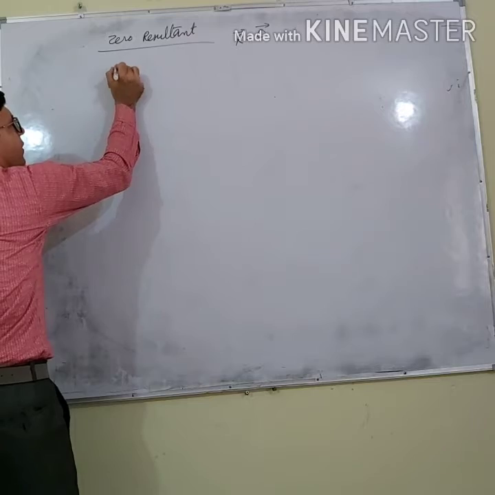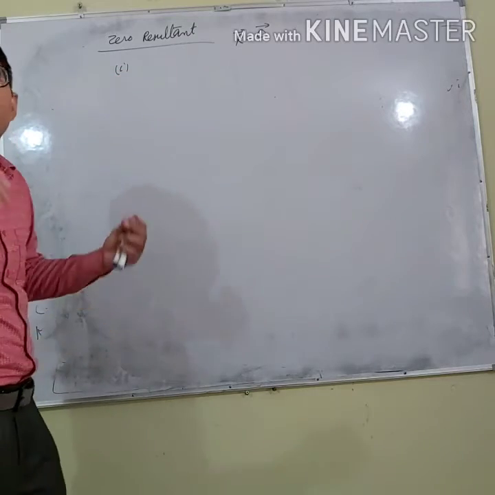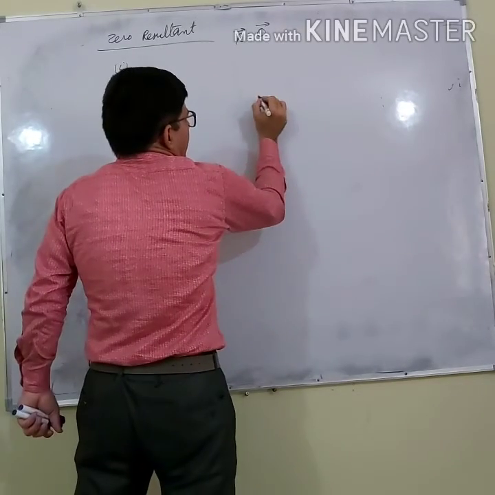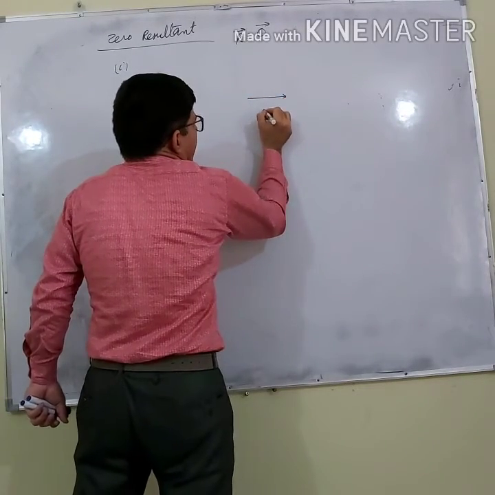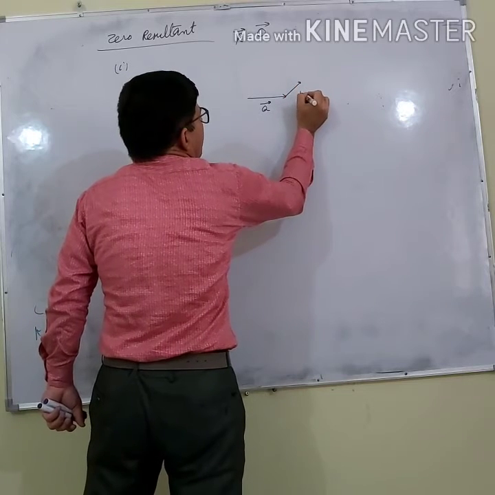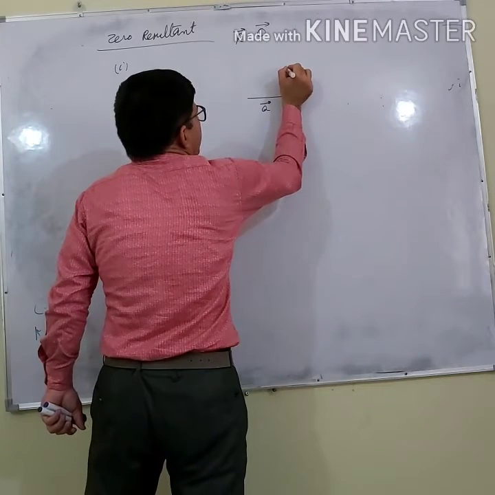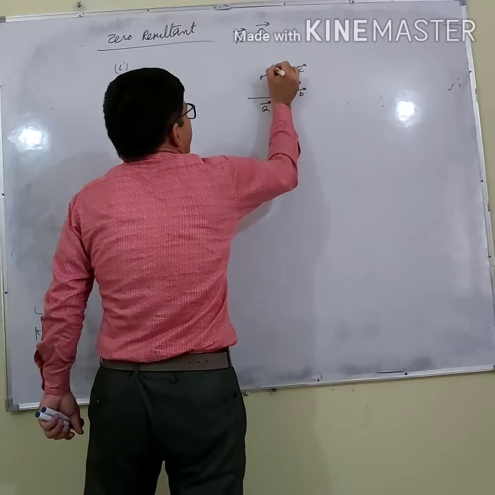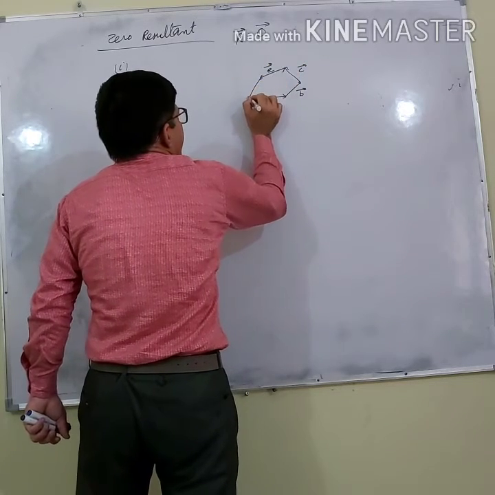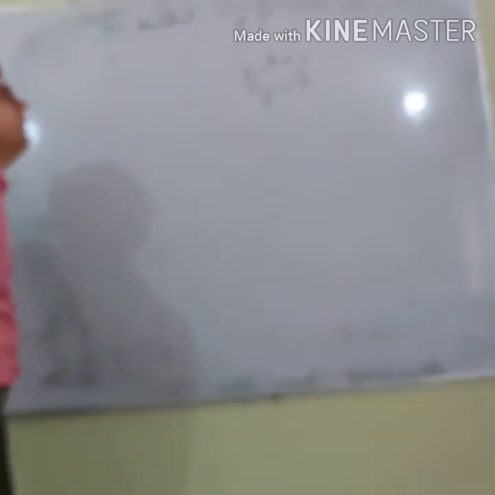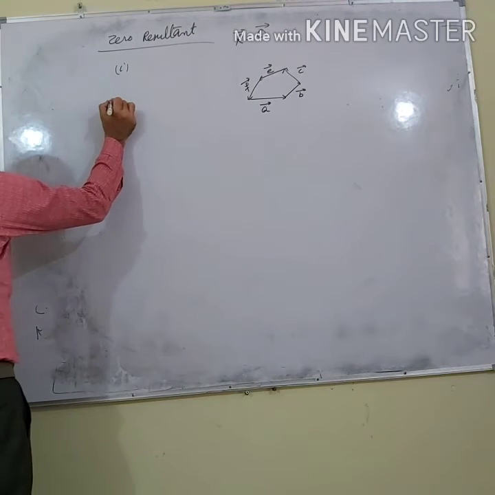Listen students, if vectors are in the same order and they are forming a polygon, let us say vectors A, B, C, D, E, and this vector is F. Now here these vectors are in the same order and they are forming the polygon.